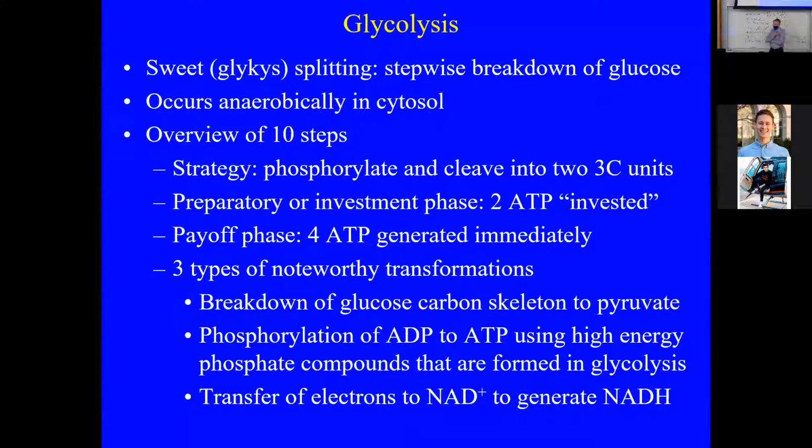We've talked about the major categories of biological molecules. We have talked a little bit about enzymes and how they work, and we'll get more information about individual enzymes as we consider different metabolic pathways.